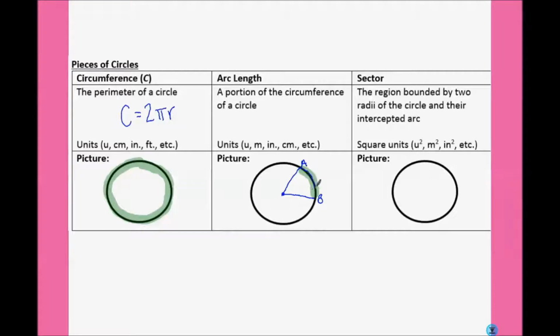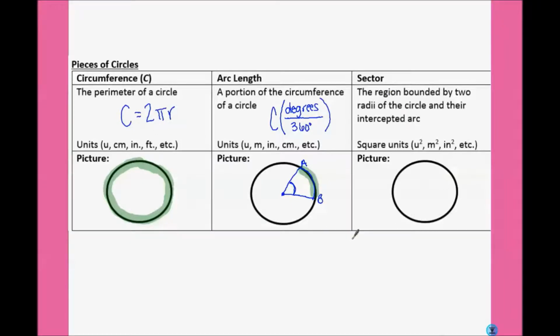So we want to know just from A to B how long it is in meters, inches, centimeters, etc. We calculate this by taking the circumference and multiplying it by the number of degrees of that angle or arc divided by 360 degrees. So we're going to have to use our circumference formula.